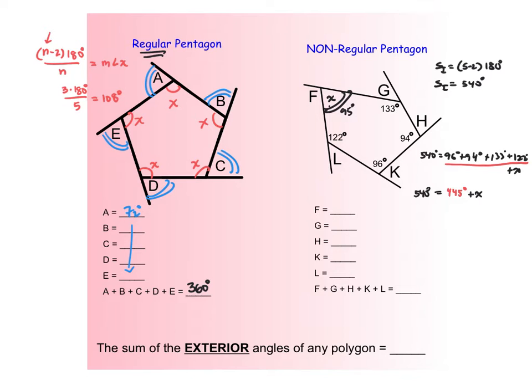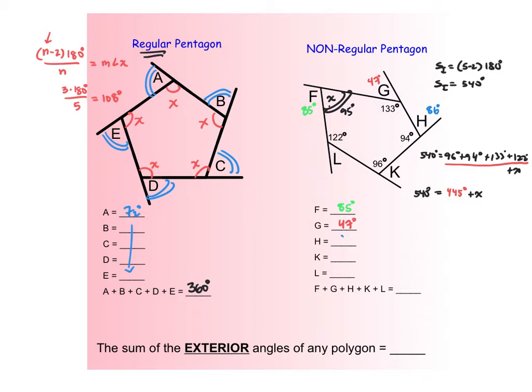So 95 and F are going to be supplementary or form a linear pair. Therefore, F would have to be 85. So F is 85. G is going to be supplementary with 133. So G will be 47. H will be supplementary with 94.